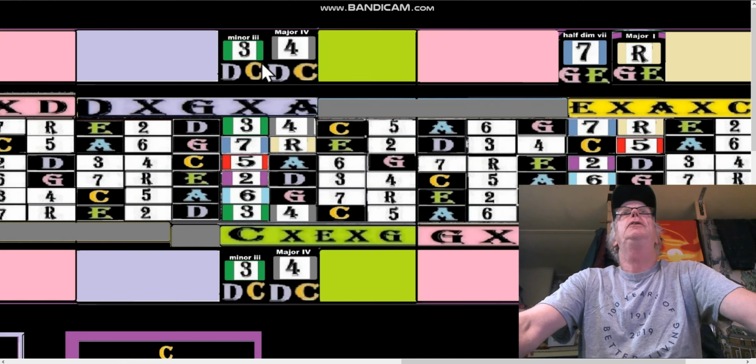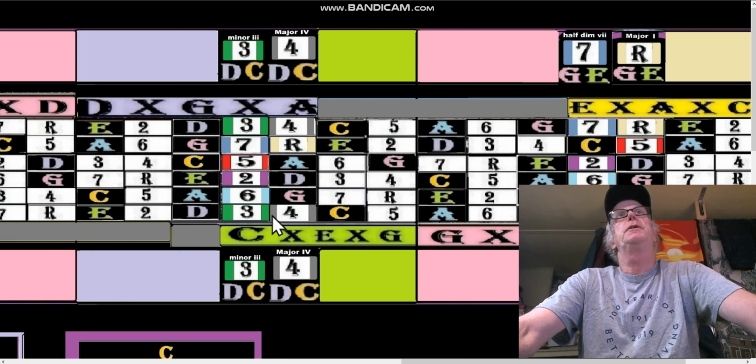So again, moving along, we've got all the shapes covered in this one gigantic fretboard. We have our 3 4, both of these notes, and they're covered in the same string pattern pair. The D shape goes to the C shape. D, C, they both share the third and the fourth.